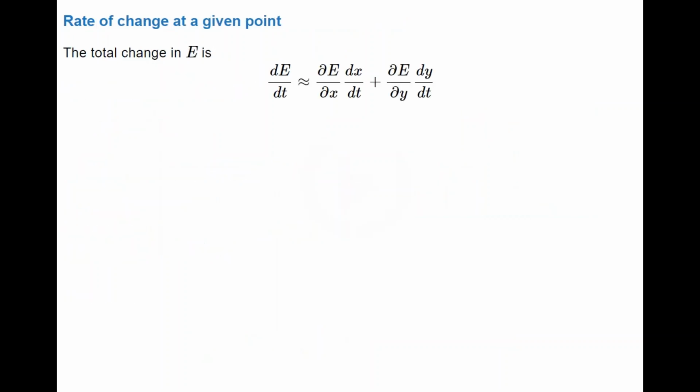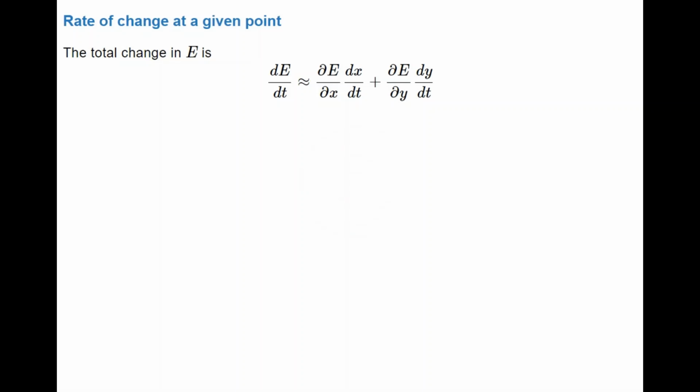Now we know that the total change in energy, dE/dt, would be nearly equal to the change in energy with respect to the x variable times the change in the x variable, or you can say the change of movement along the x variable, plus the change in energy with respect to the change coming in the y variable.